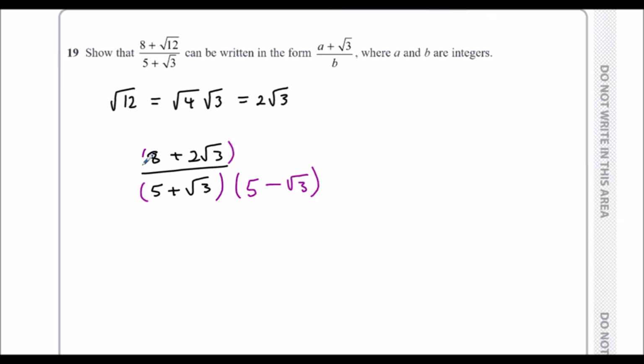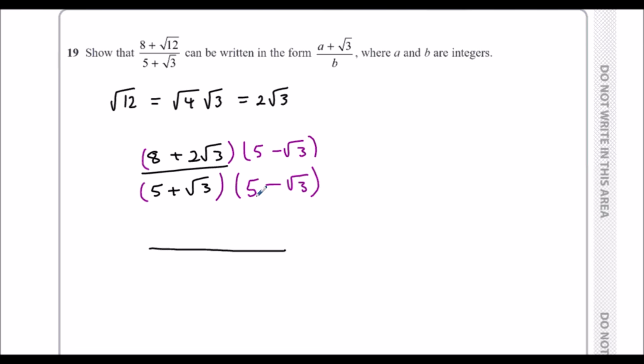And because we're doing that to the bottom of the fraction, we need to do that to the top as well. So when we expand these brackets, the root 3 should disappear from the denominator. So let's give it a go.